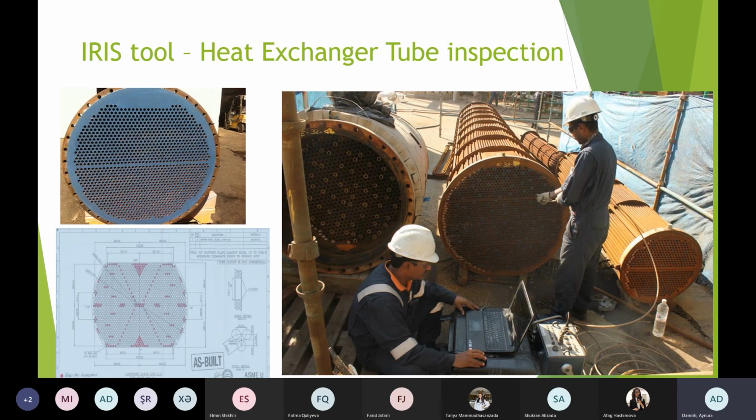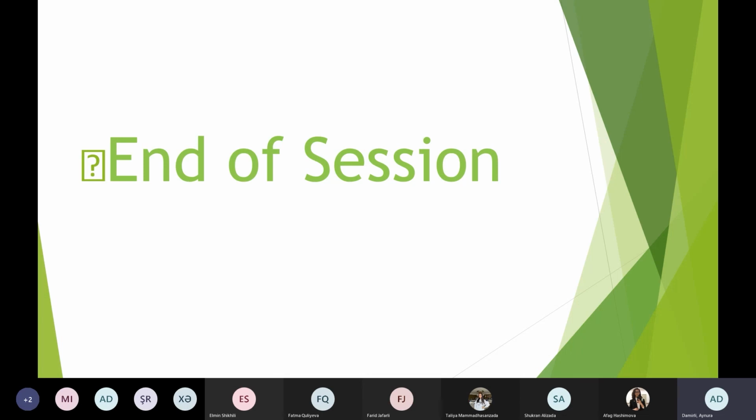So for this session, I have brought 5 types of inspections that are commonly and mostly used in our industry, and every year it is changing, and techniques are becoming more advanced, more useful on sites.